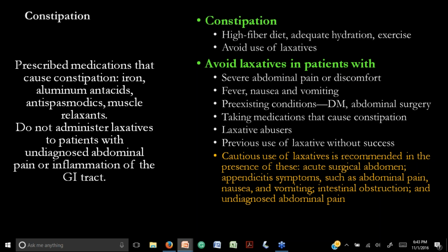One more thing I want to tell you. Constipation is when you cannot poo, right? So they are going to take some laxative and get rid of the fecal material. But when somebody is abusing this, in addition, you are losing potassium. You're losing potassium.